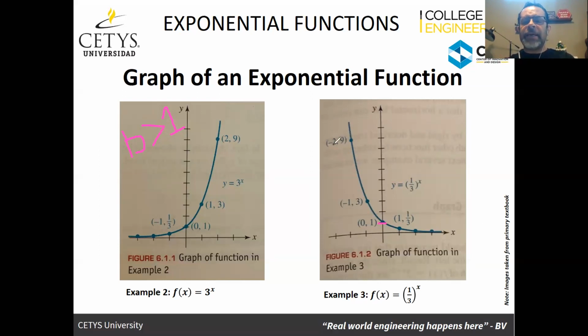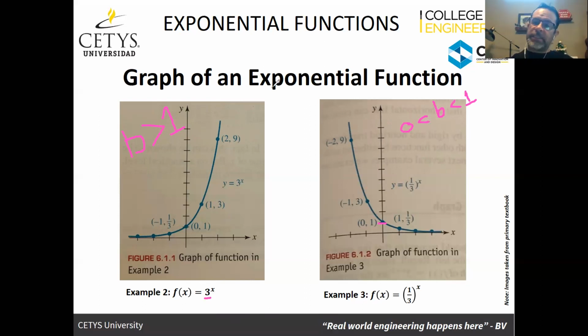Why does this happen? This is the graph of the exponential function when b is between 0 and 1. So here, for example, this function that I'm graphing here on the left, b equals 3. So it's larger than 1.